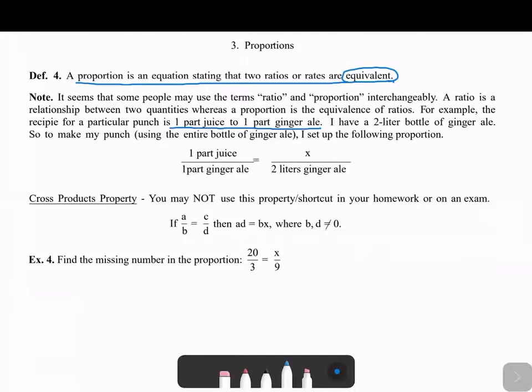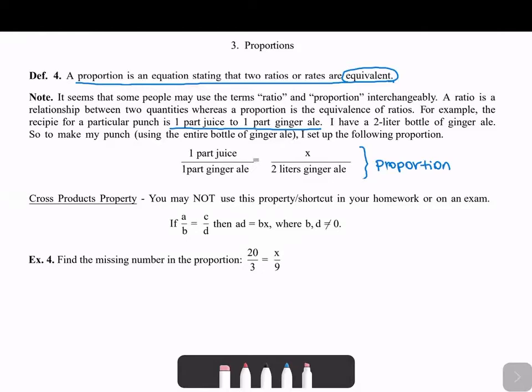So this is a proportion. This is a proportion because it's an equivalence of 2 different ratios, where X is the amount of juice that we are solving for in this equation. It's an equation and you solve for a variable.